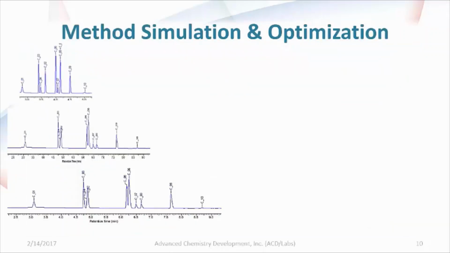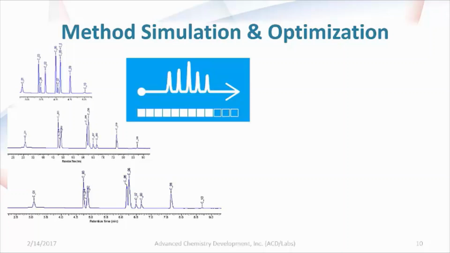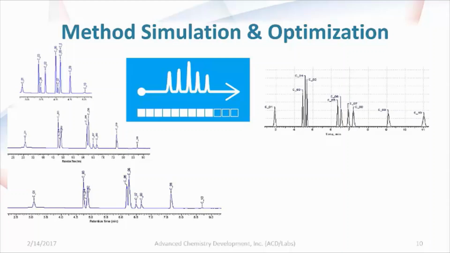Now, in terms of method simulation and optimization, when you're trying to optimize a particular method, it's very common to perform a few scouting runs where you're changing maybe one or two variables to get the optimal separation. So what you can actually do is take your scouting runs and feed them into another piece of software that will take your data and create a mathematical model of a chromatogram for the separation.